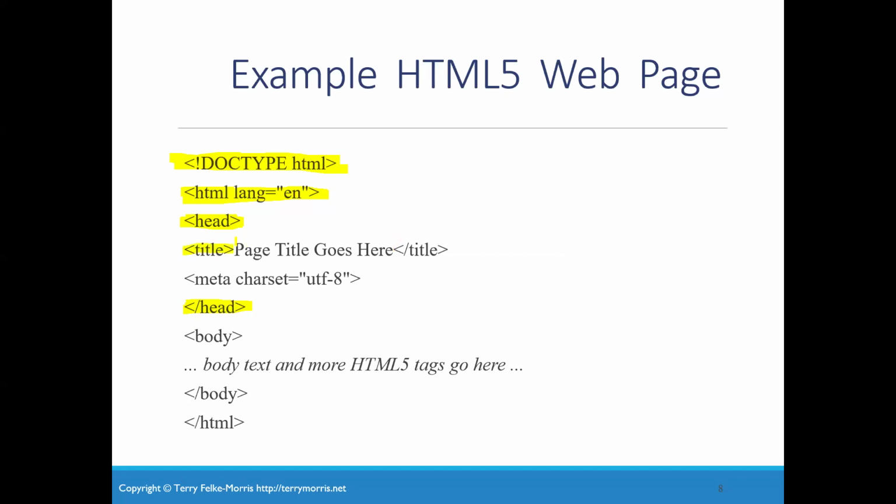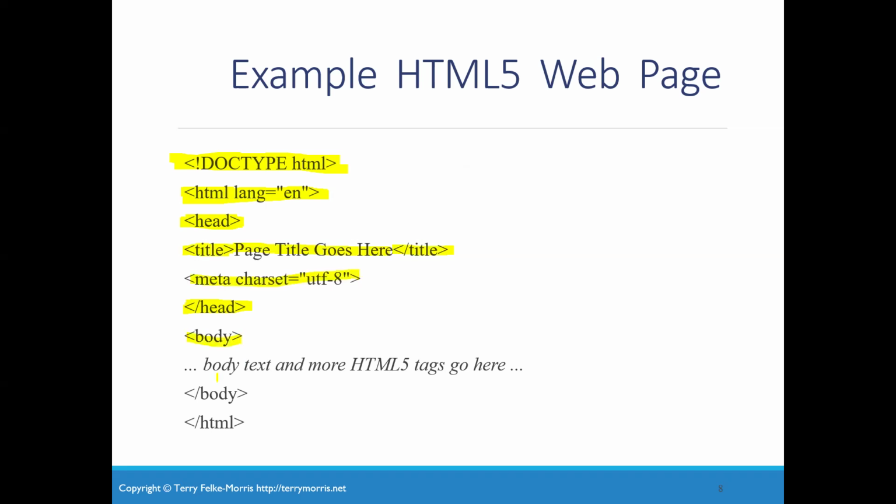This is the opening title element, and this is the closing title element. Whatever is in between here is the content. Very soon, you'll see the purpose of this, what it does to the browser when you open this kind of document. Then we have the meta element too.